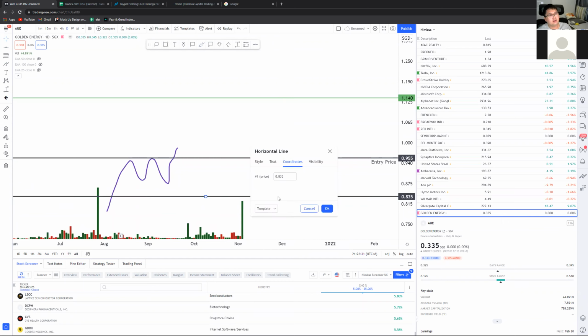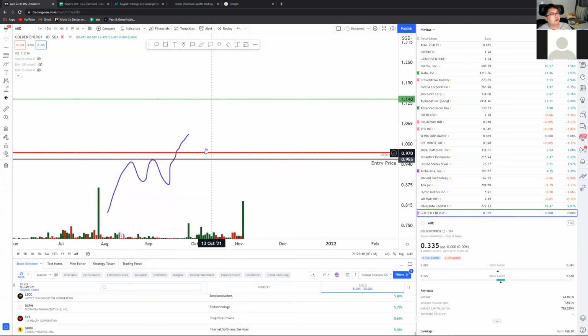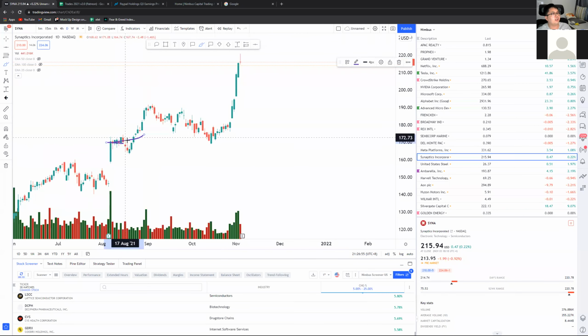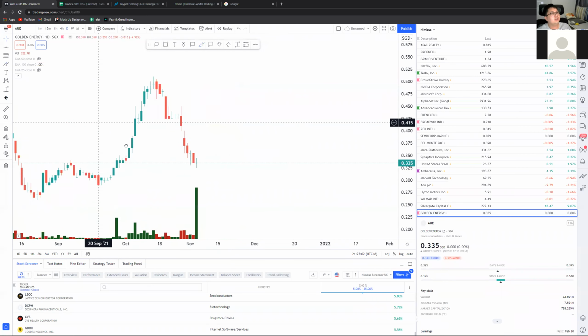If the counter moves up, you cannot just shift your stop loss like that, because if you shift your stop loss too aggressively, it will come down, which is quite common in most of our trade setups. If you are familiar with our trades, for example, if you look at Synaptic Operator, we actually entered here, then after that it went up, came down before it started to hit the TP. So we cannot anyhow shift the TP also.